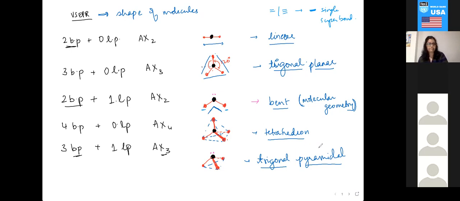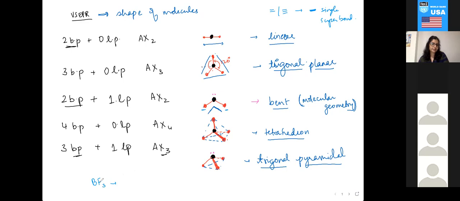And ma'am, how do we figure out the number of bond pairs and lone pairs in any given molecule? You get that from your knowledge of valency. For example, take BF3. How many electrons does boron have in its valence shell, the outermost shell?